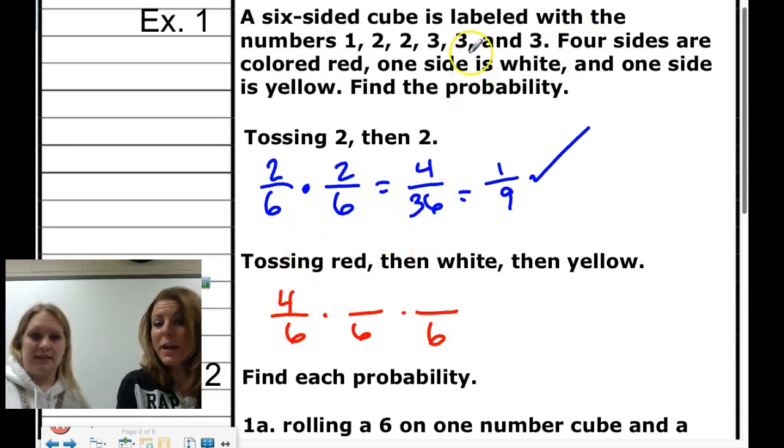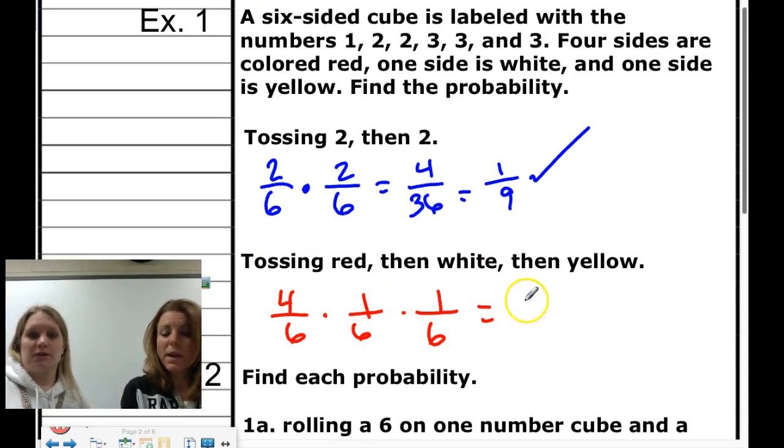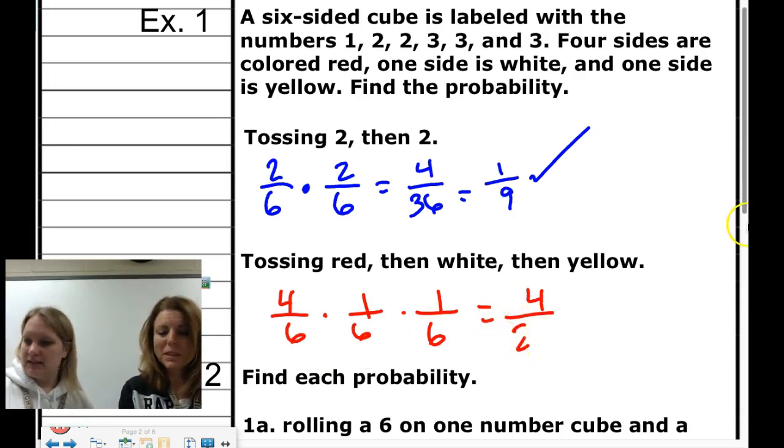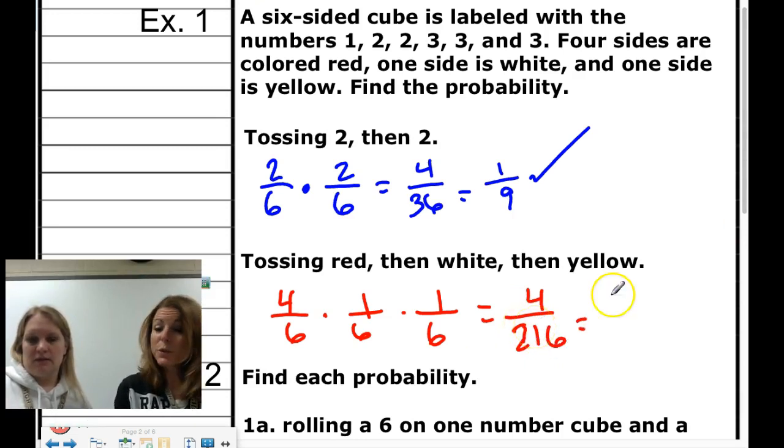How many sides are white? 1. And yellow is 1. Now we multiply straight across. 4 times 1 times 1 is 4, and 6 times 6 times 6 is 216. And that for sure reduces. It reduces to 1 over 54.